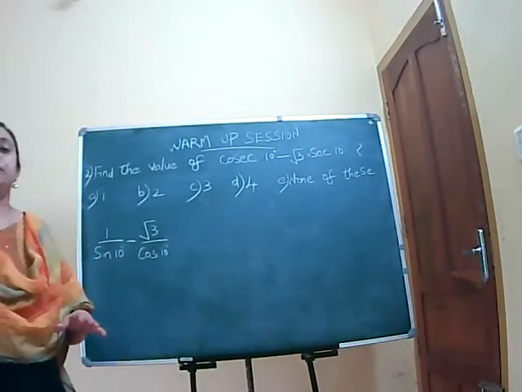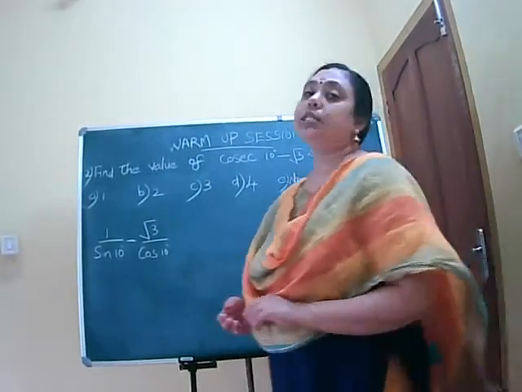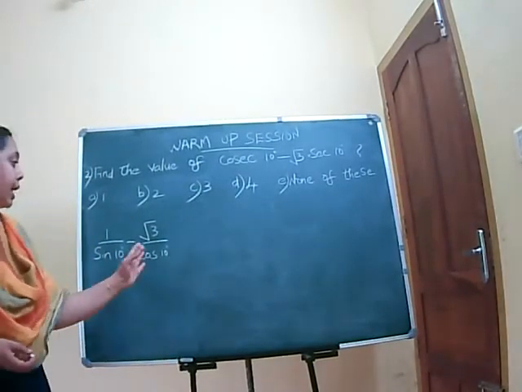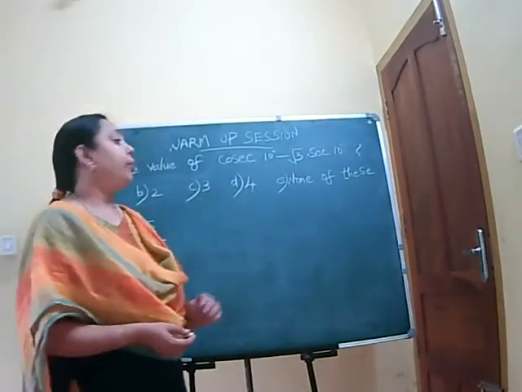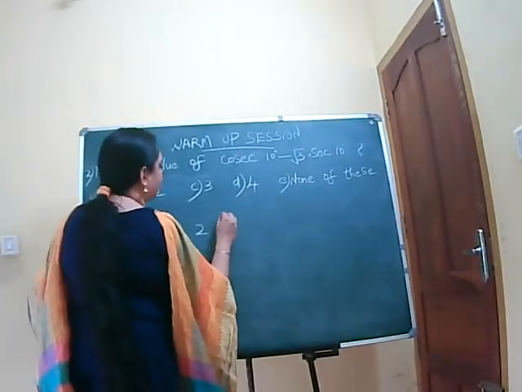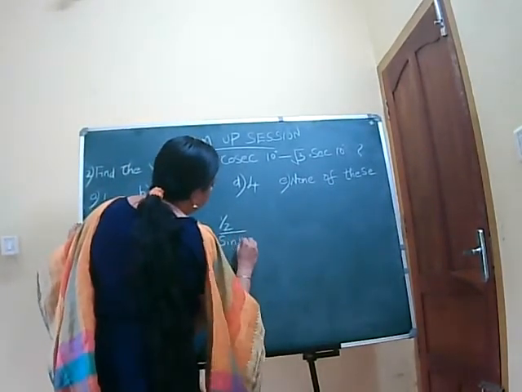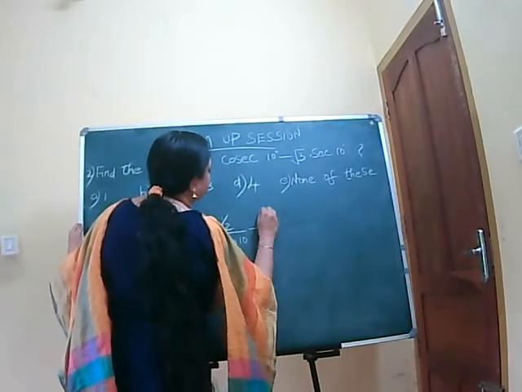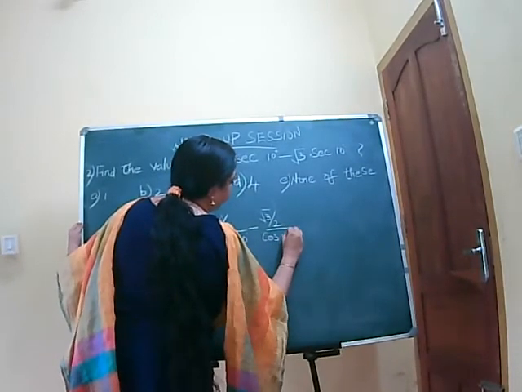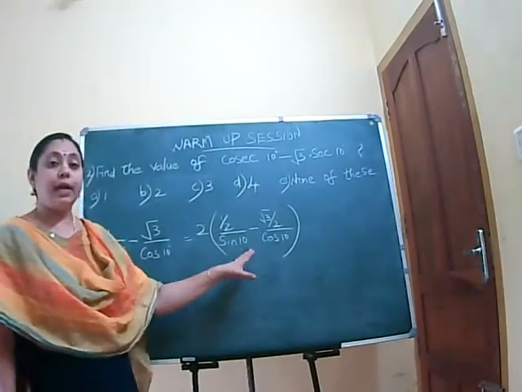Also we know that sin 30 is half and cos 30 is root 3 by 2. So we multiply and divide by 2.